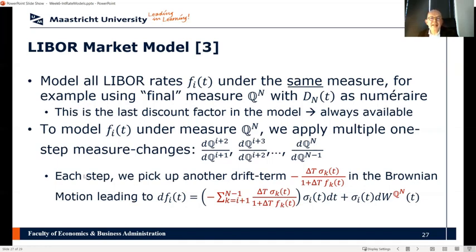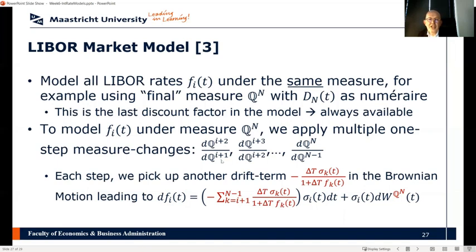And each time that I apply a one-step change of measure, I pick up another drift term of the form minus delta t sigma_k over 1 plus delta t F_k. So therefore, the i-th LIBOR rate F_i modeled under the measure Q superscript N is no longer a martingale, but I know what the drift term is from the repeated application of Girsanov's theorem for all these measure changes.